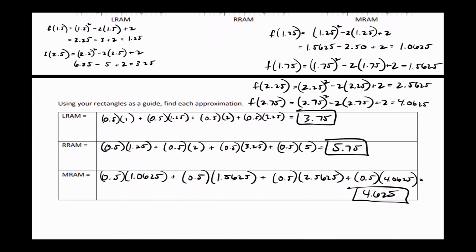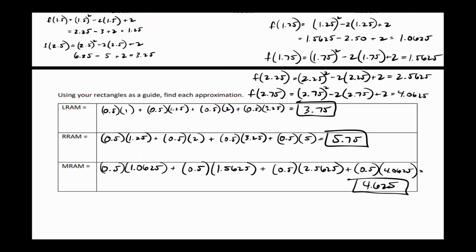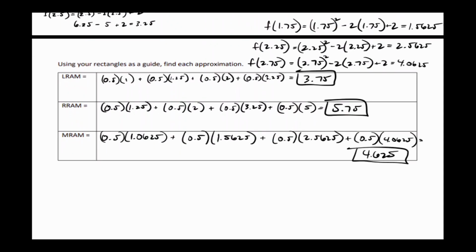Even though it's area for the same region, they're different, right? LRAM's a little low, RRAM's a little high, MRAM's kind of in the middle. They're approximation methods, so the true area is probably somewhere around 4 to 5, but we do the best we can with approximation methods.